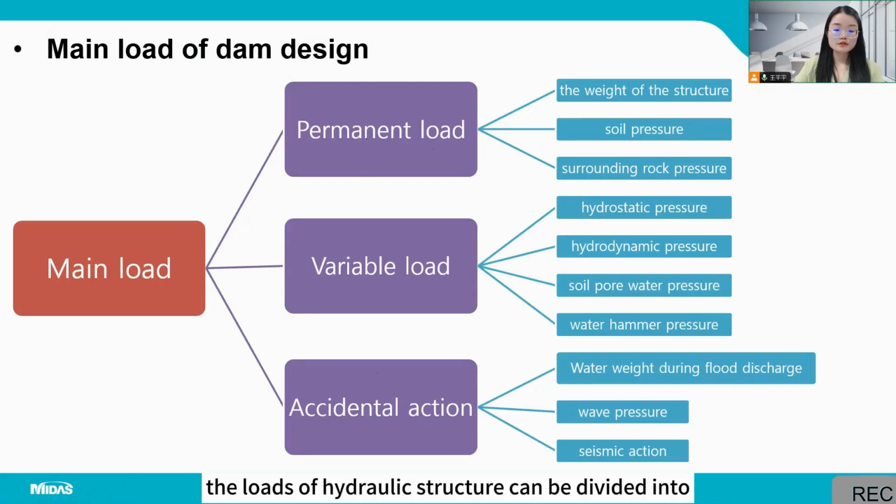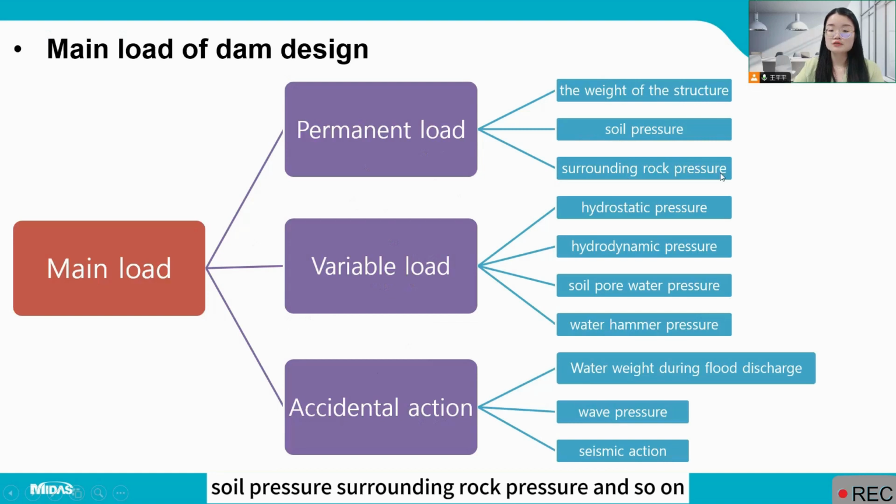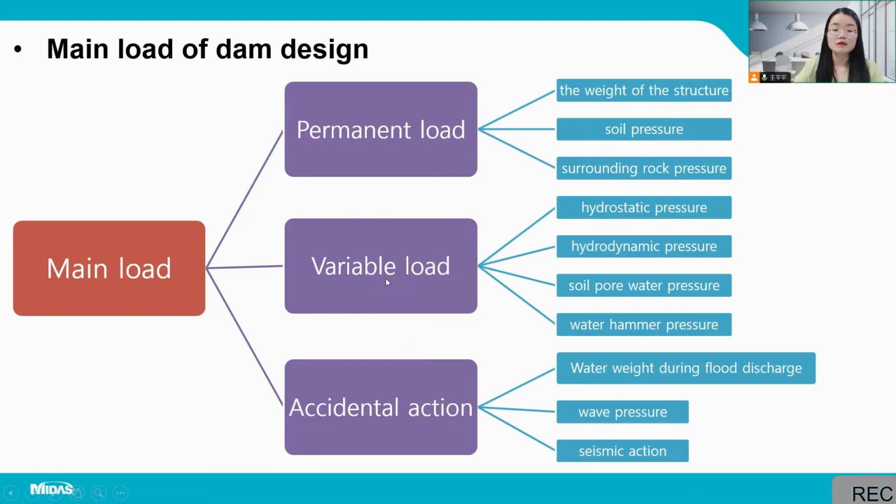The loads of hydraulic structures can be divided into permanent load, variable load, and accidental action. First, permanent load, including the weight of the structure, soil pressure, surrounding rock pressure, and so on.